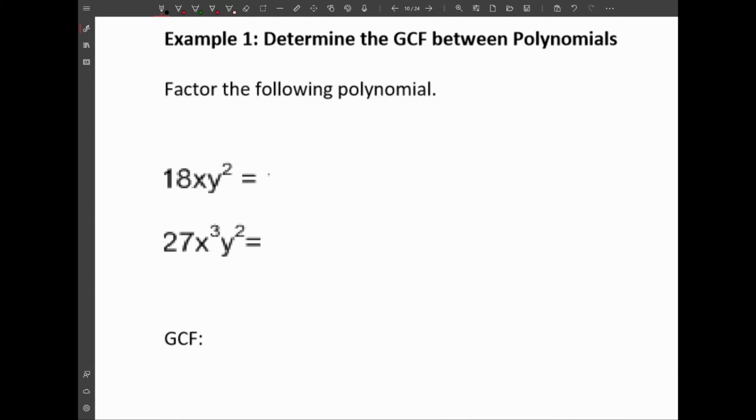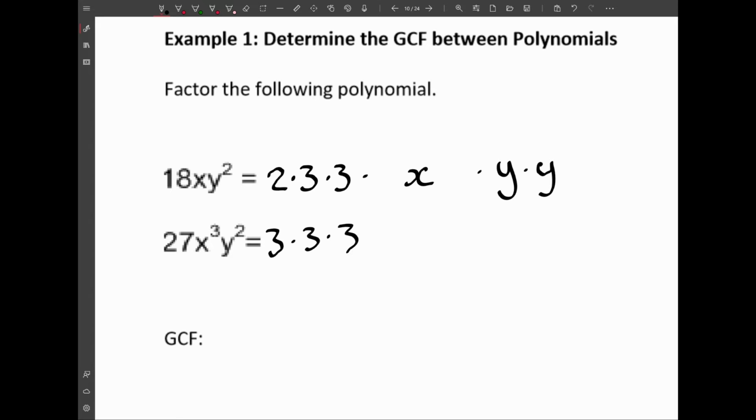All right, let's take a look at an example. So consider the two monomials in this case. We want to figure out what the GCF of these two things is. I'm going to prime factorize the coefficients and break down the exponents, the variables, to show you what I mean. First off, 18 prime factorizes as 2 times 3 times 3. Then I have 1 x and 2 y's. 27 is 3 times 3 times 3.